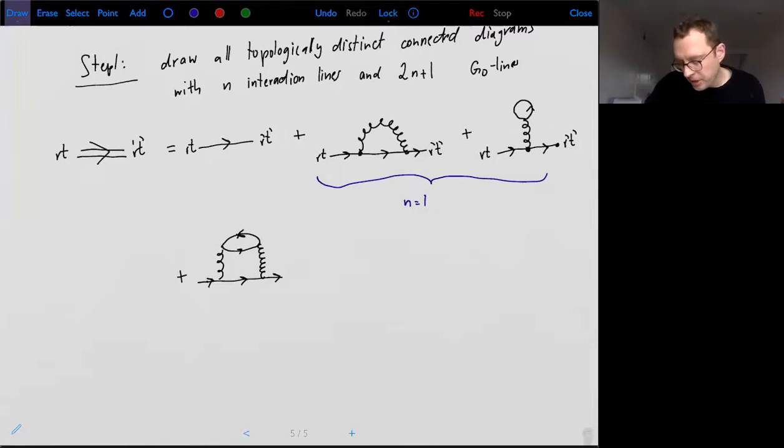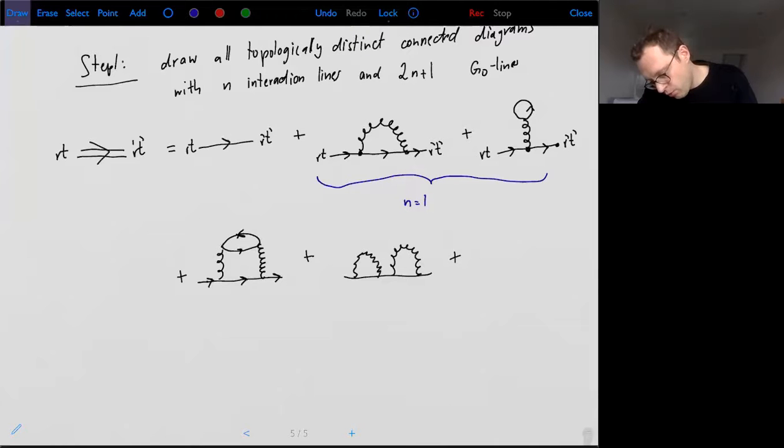So this one has 2 interaction lines and 5 Green's function lines, and that's an n equals 2 diagram. There's this one: the electron propagates, emits a photon, reabsorbs it, emits another photon, reabsorbs it, right? There is the one where I have this process twice, emitting a photon, which creates an electron hole pair.